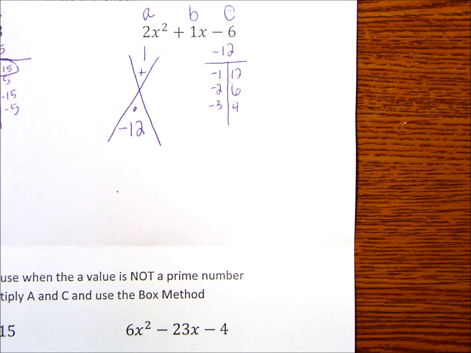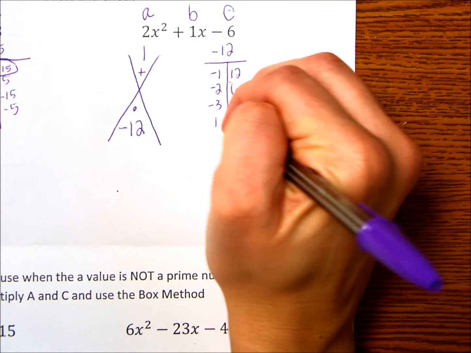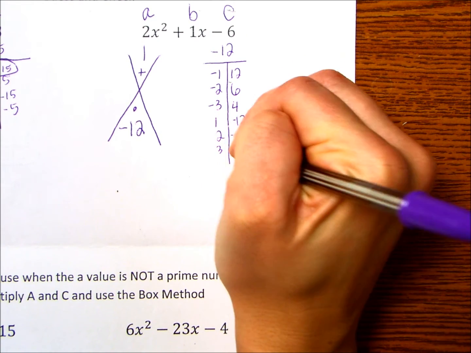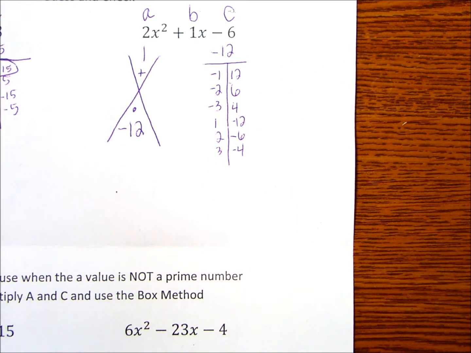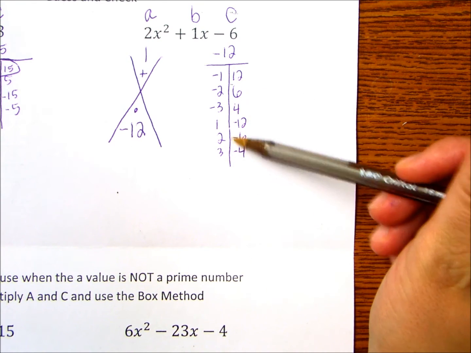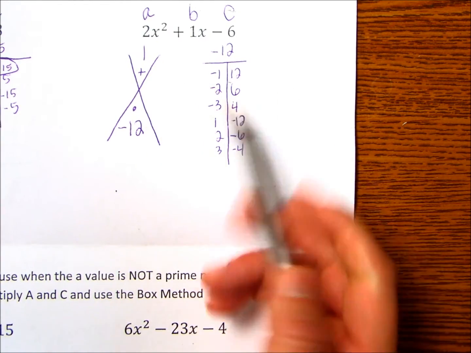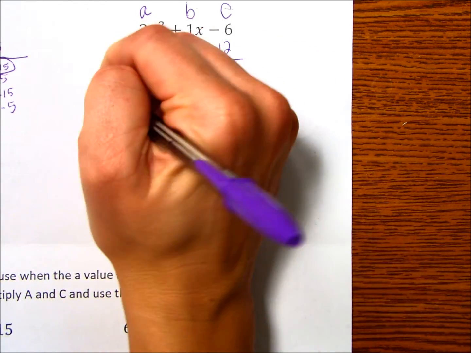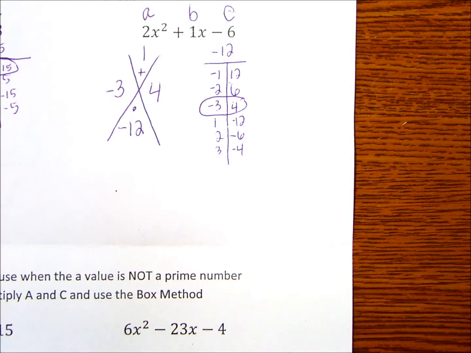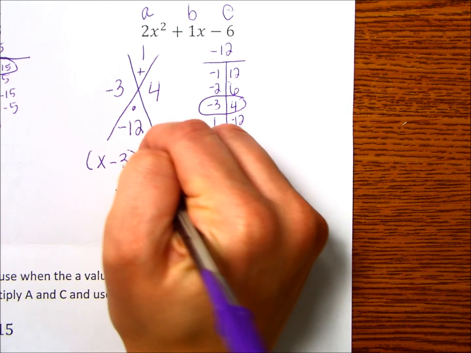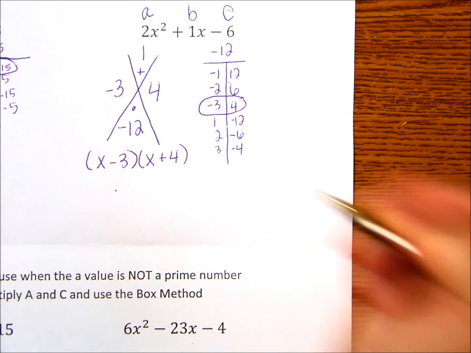Negative 1, 12, negative 2, 6, negative 3, 4, and then just flip all of those negatives around. When you get good at this, you really don't have to list all of them if you don't want to. If you just know which ones are going to work, that's fine. So I want to add to get 1, so that's going to give me negative 3 and 4. So once again, I'll write it as x minus 3 times x plus 4.